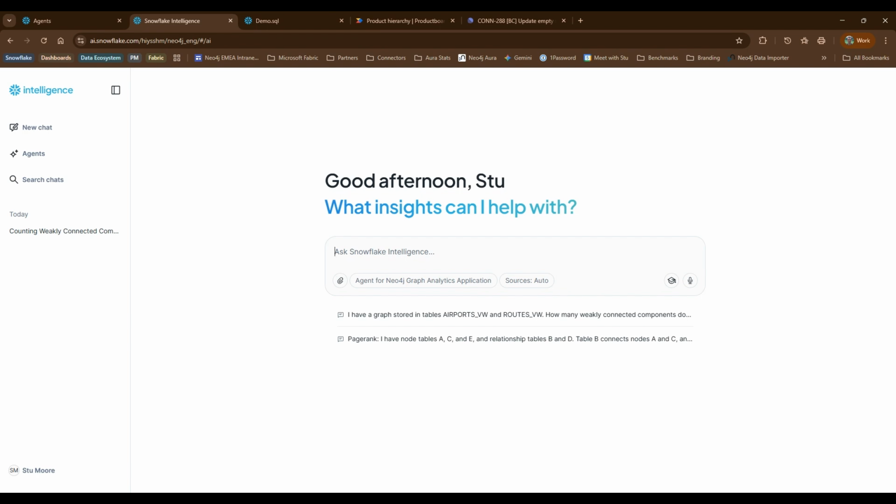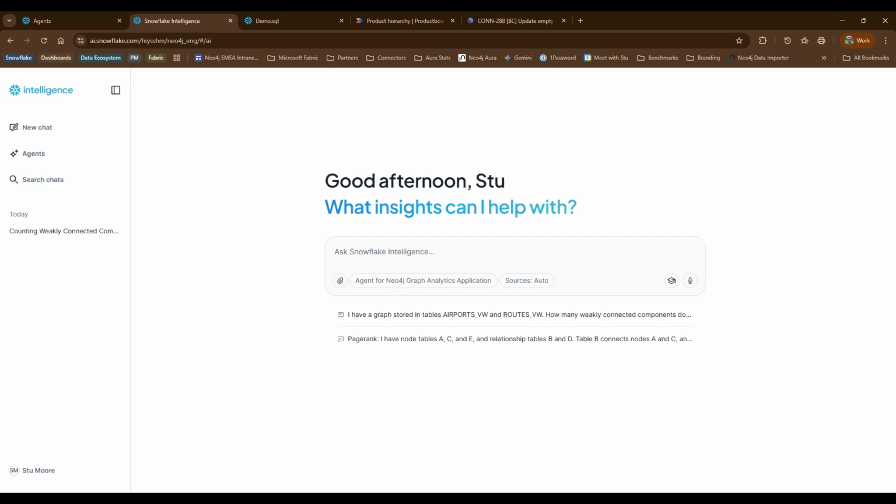Hi, I'm going to showcase our graph algorithm agents for our native application. This makes it really easy for people familiar with graph algorithms like PageRank, Betweenness Centrality, Leiden, etc., to get up and running and run jobs on their data without having to learn the syntax.